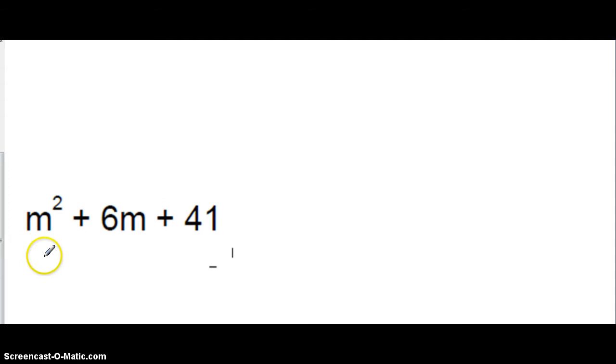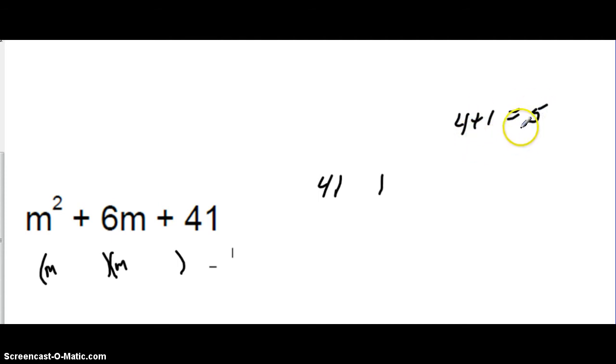Leading coefficient is 1. And let's find some factors of 41 that add up to 6. Let's see here. 41 and 1. How about 2? That's not an even number, so 2 will not go into it. And if you add the digits, 4 plus 1, that's going to equal 5, so 3 won't go into it, and 9 will not go into it.